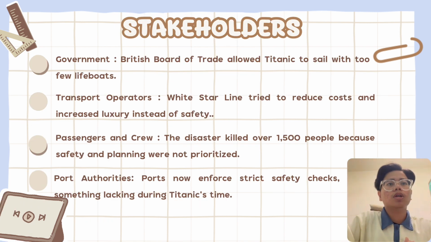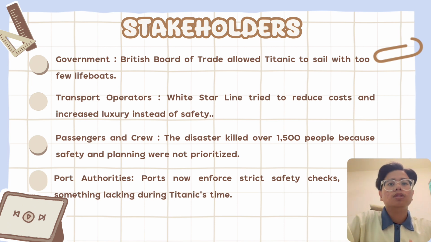And then for stakeholders in the Titanic, the first is the government. The British Board of Trade allowed Titanic to sail with too few lifeboats. And then the second one is the transport operator, White Star Line, which tried to reduce costs and increase luxury instead of safety.